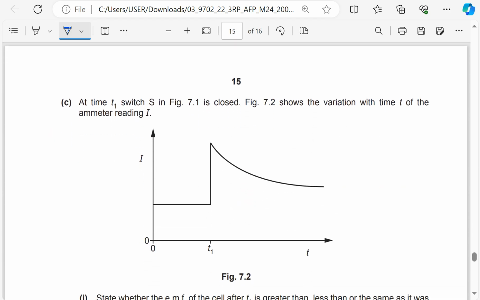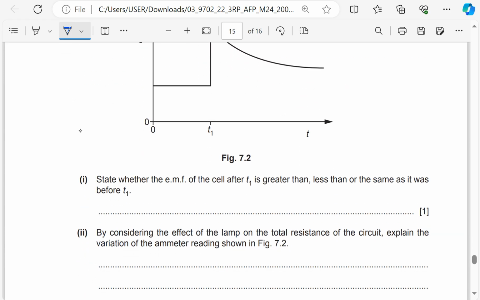Then at T1, switch S in figure 7.1 is closed. Figure 7.2 shows the variation with the time T of the ammeter reading I. State whether the EMF of the cell after T1 is greater than, less than, or the same as it was before T1. Of course, EMF is the total energy available in a circuit, and the total energy depends on the properties of the battery.